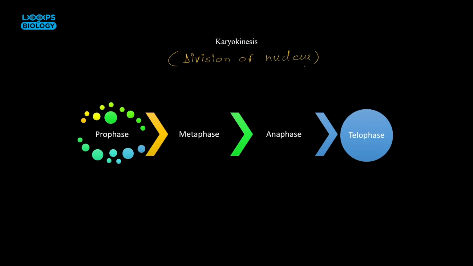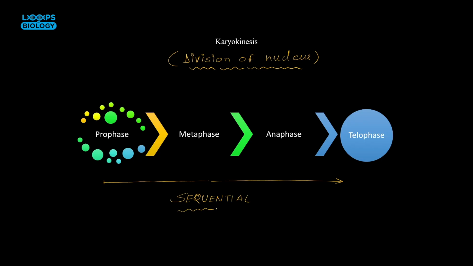So in this particular case, there are a total of 4 different phases, and these phases are mentioned as below. That is prophase, metaphase, anaphase and telophase, in sequential order. So this order for your karyokinesis phases is sequential.